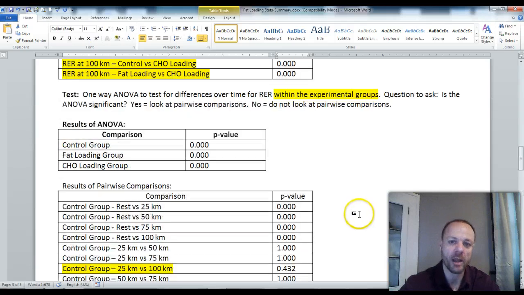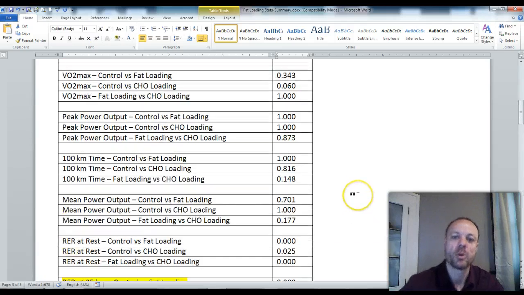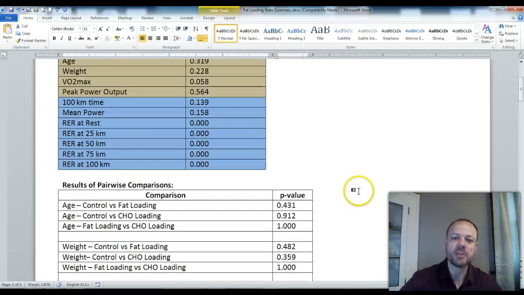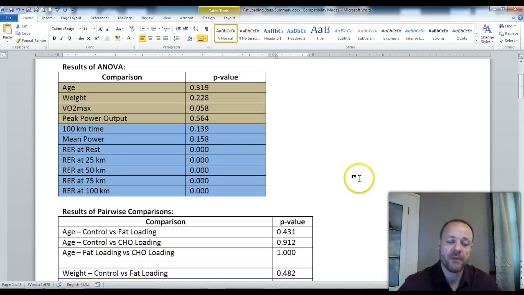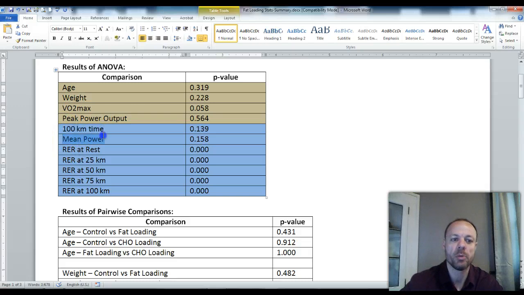So to summarize what you'll be doing, when you have your figures, you'll have three figures. One figure will be for your 100 kilometer time. One figure will be for your mean power, and these two figures will both be column graphs.